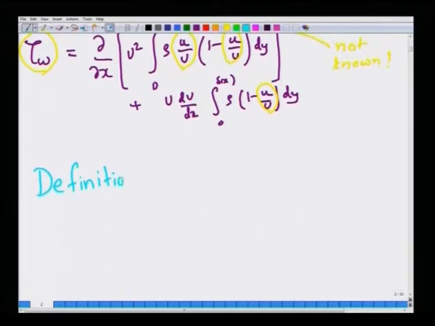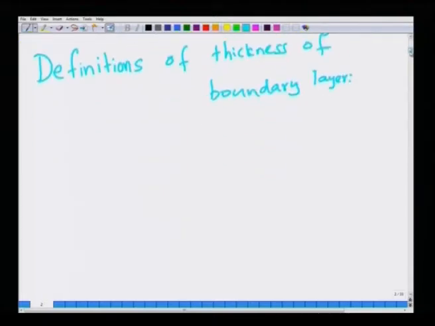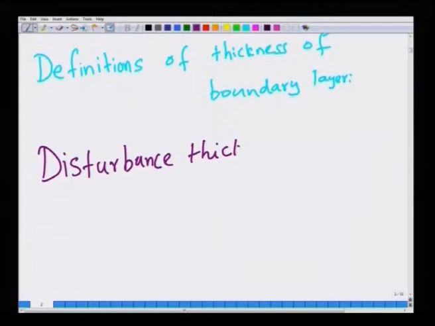So far I have not rigorously defined the boundary layer thickness. The first definition is called the disturbance thickness, normally denoted by the letter delta. What it essentially means is the following.